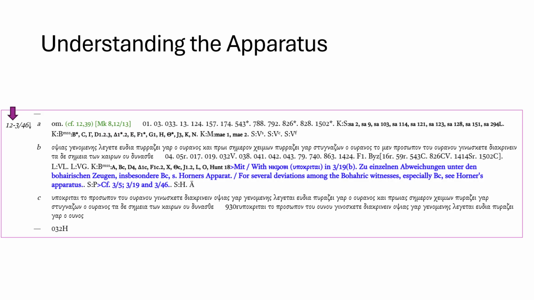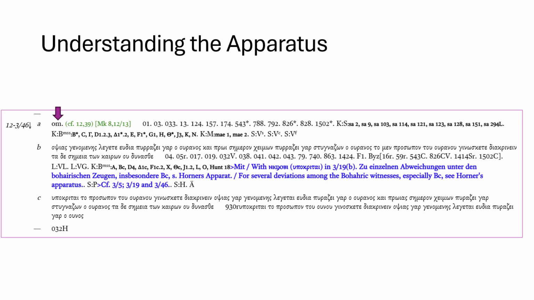Students will probably need to be reminded of the significance of the abbreviations and symbols in the apparatus. The downward arrow calls attention to what follows, since this numerical address includes other variations treated below. The different variants in this unit are enumerated with the letters of the alphabet.